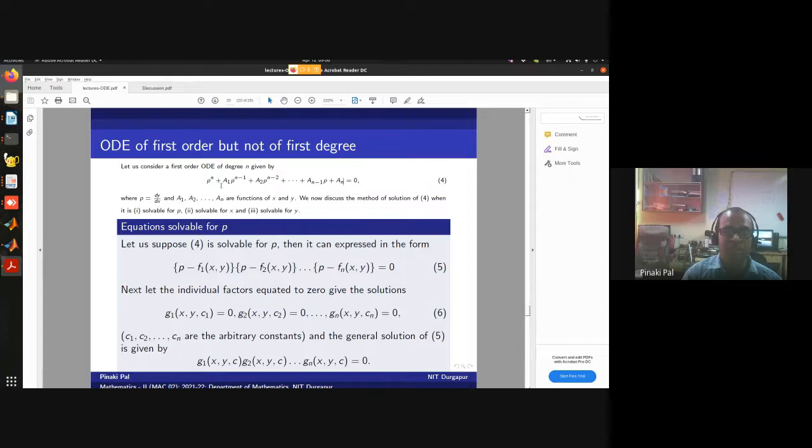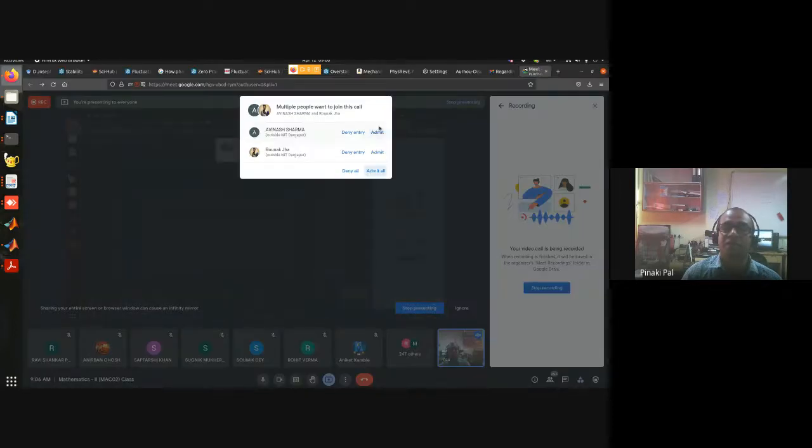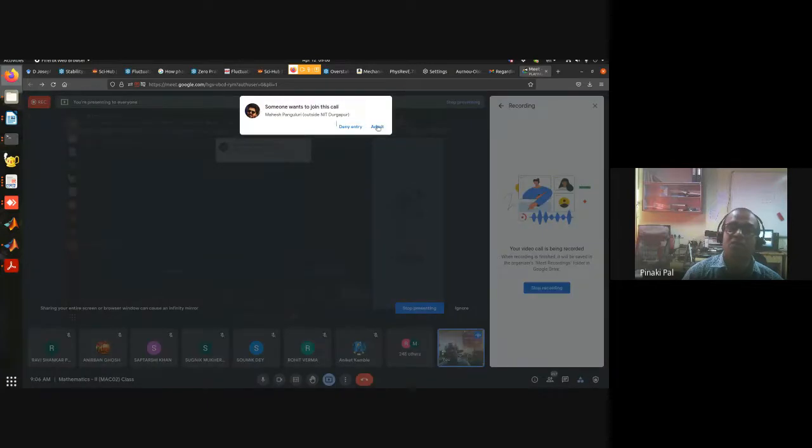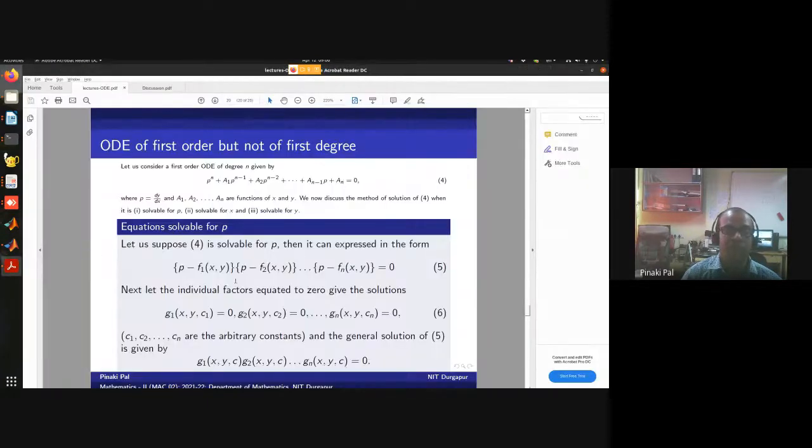That means we can express equation number 4 as a number of factors, of the form (p minus f1(x,y)) into (p minus f2(x,y)), and so on, (p minus fn(x,y)) equal to 0. And then what we will do, we will consider the individual factors, and we form the first order differential equations given by p minus fi(x,y) equal to 0.